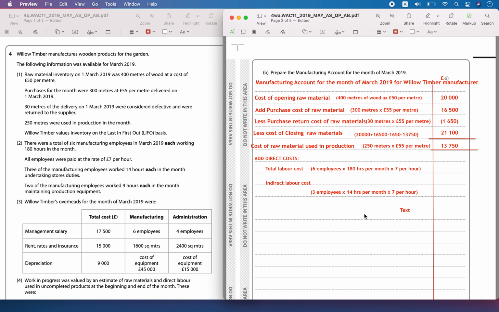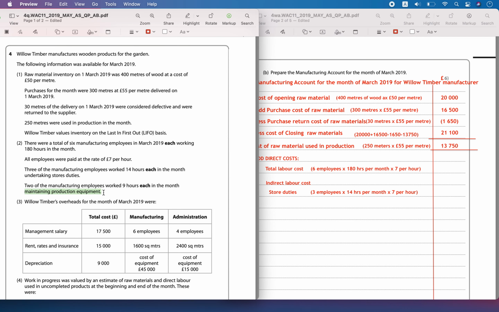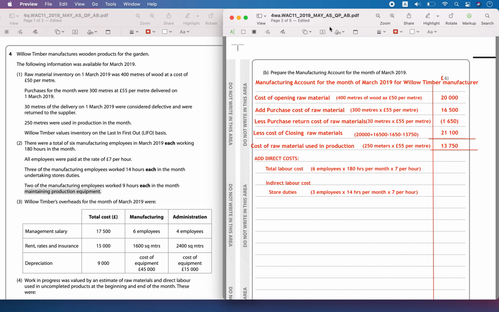This is for the store duties, regarded as indirect cost. And you have maintaining the production equipment. It is not related to manufacturing, but the same set of employees are also doing this job. So this comes under the indirect cost.